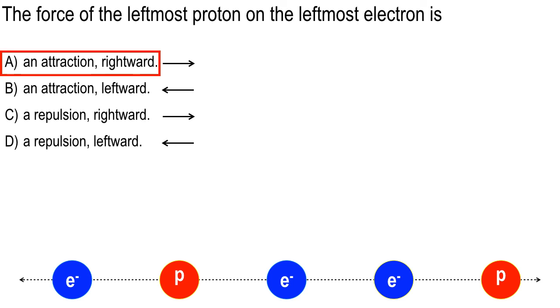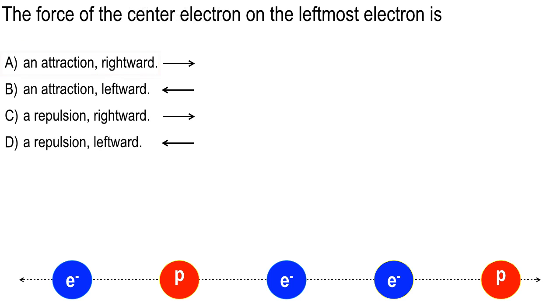Now, this proton is going to get an attraction force, but I don't really care about that for this problem. All I want to know is what this baby over here gets. So make sure in your diagram you put a little star or a question mark or a check mark next to that one. That's our target particle. And that's your first decision.